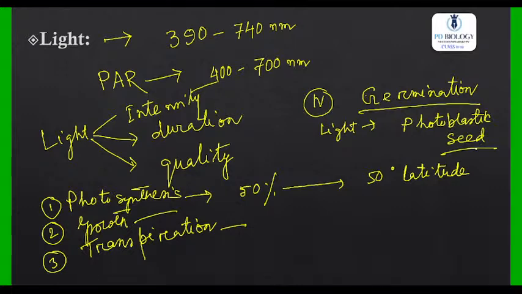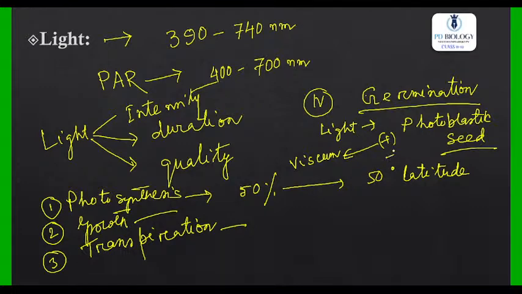Positively photoblastic seeds always germinate in sunlight. That is Viscum. So this is an example of positive photoblastic seed.